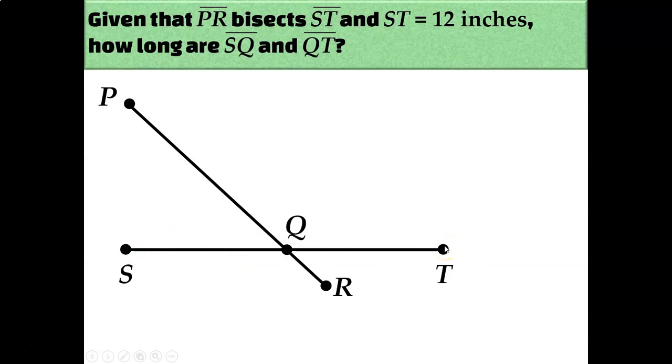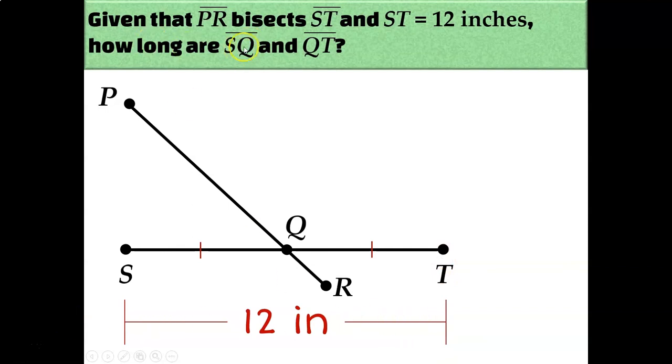So I'm going to draw those little congruence marks on my diagram to indicate that SQ and QT are congruent. They're the same length. And I'm also going to label that ST is 12 inches. I'm going to put that on my diagram like so. From point S to point T is 12 inches.